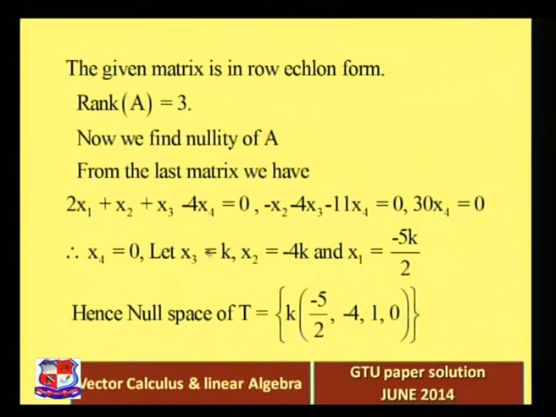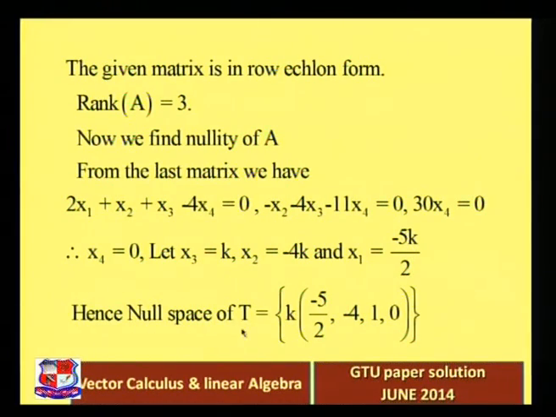Now putting x3 equal to k in this equation, we get x2 equal to minus 4k, and putting x2 equal to minus 4k in this equation, we get x1 equal to minus 5k by 2.